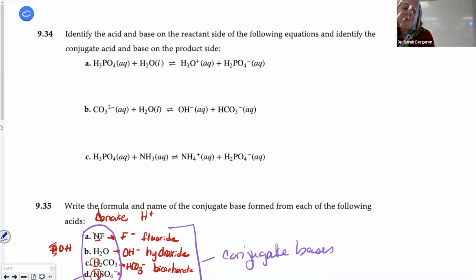So look at H3PO4. What happens to H3PO4 in this reaction? Does it donate a proton or does it accept one? This one donates. So something that donates H plus is called a what? This is going to be an acid. So here we have the acid. H3PO4 is the acid. What is H2PO4? The conjugate.